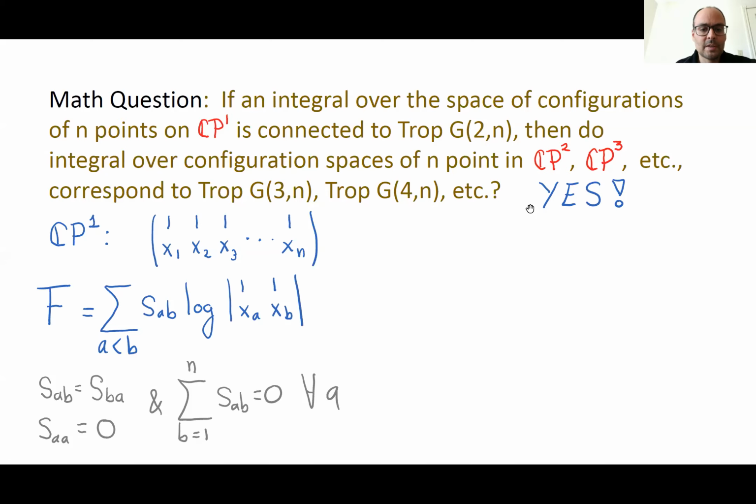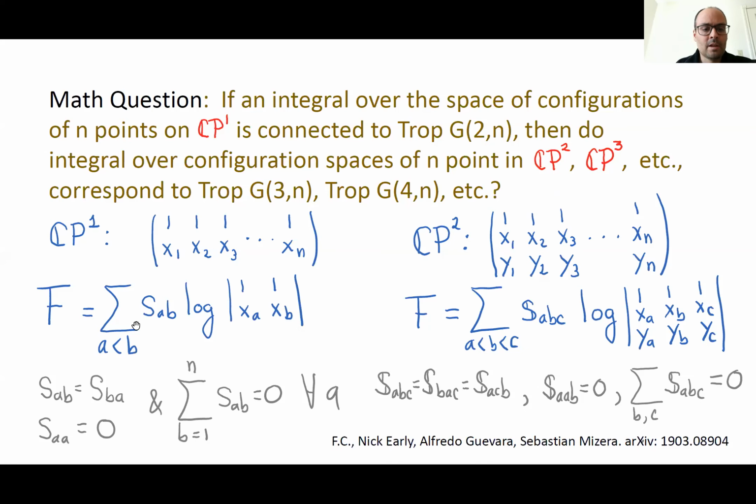And the answer is yes. In fact, it's extremely simple to just generalize the story from CP1 to say CP2. Now the space of kinematic invariants ends up satisfying what we told our friend the mathematician by simply requiring the function f to be well-defined on the moduli space, meaning it has to be invariant under the automorphism group of CP1, which is SL2C.